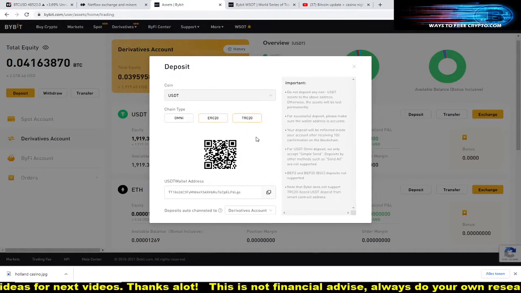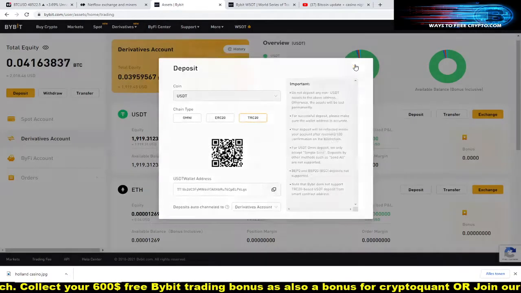So the cheapest is to use Tron. Then you go to your Binance account and you select withdraw. You use the Tron network, and there you enter this address. Don't use my address, guys. Don't do it. Use yours.